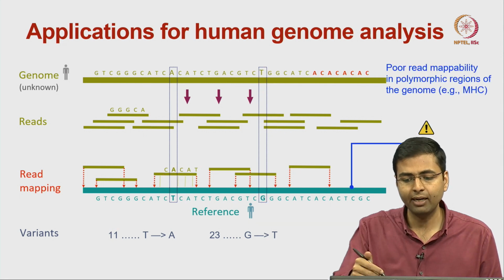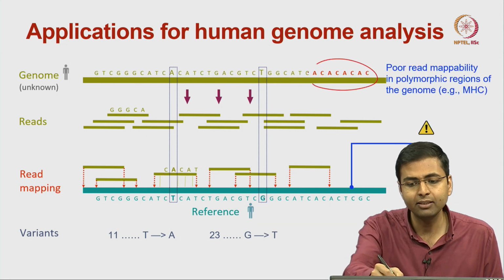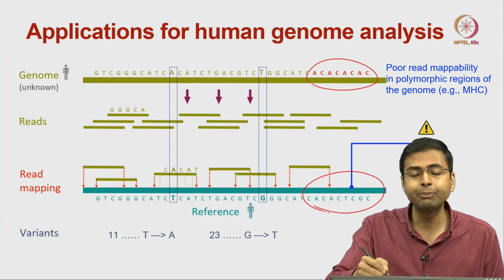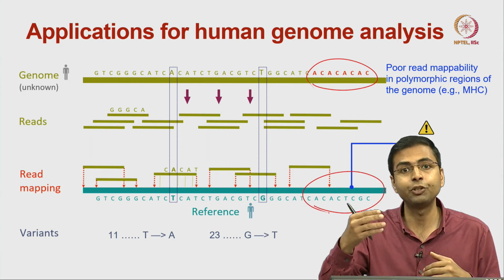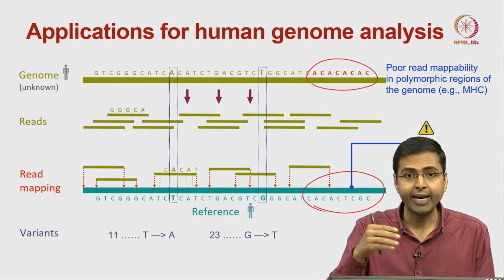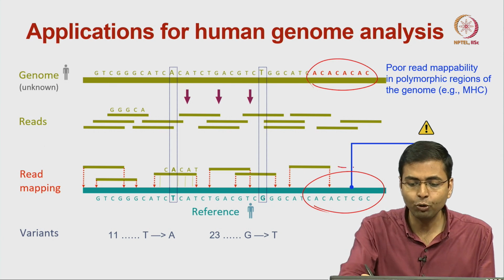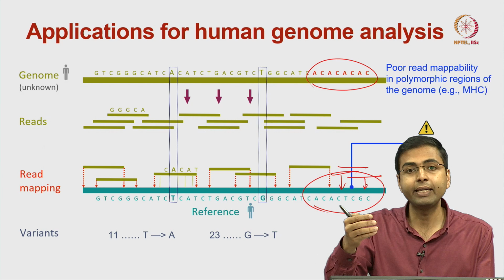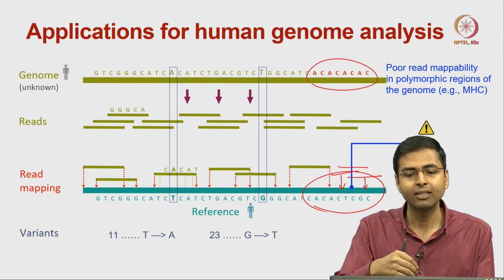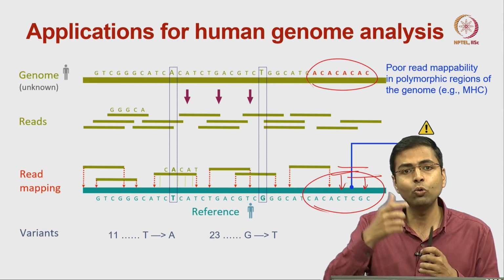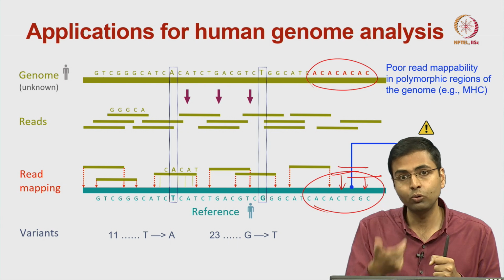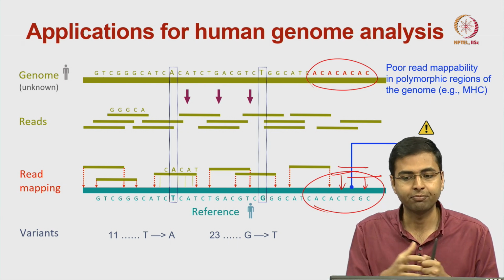However, what if there are polymorphic regions where there is a significant difference between the reference and target genome? There what will happen is that we may not be able to map reads at all, because there is no good similarity between the reads and the reference, and it may be difficult to match those reads to the reference at those locations.